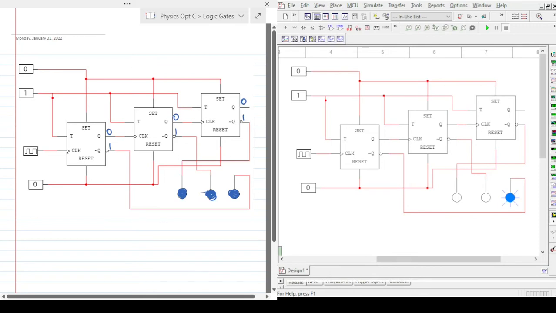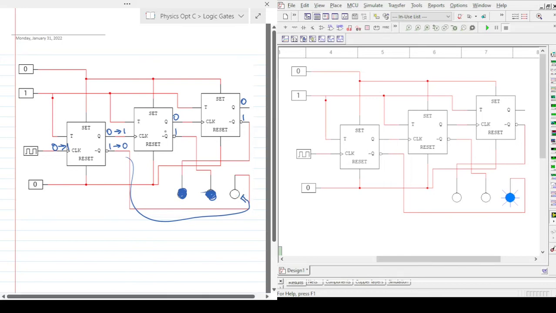So the first clock pulse is when the clock goes from 0 to 1. That's a rising edge. So this will go from 0 to 1, and at the same time, this will go from 1 to 0, which explains why this LED would turn off.